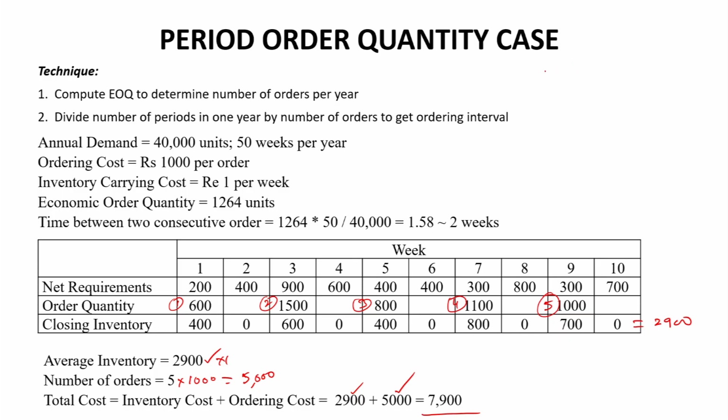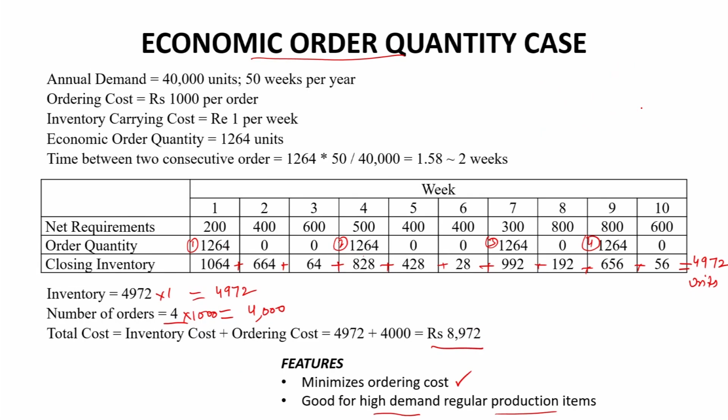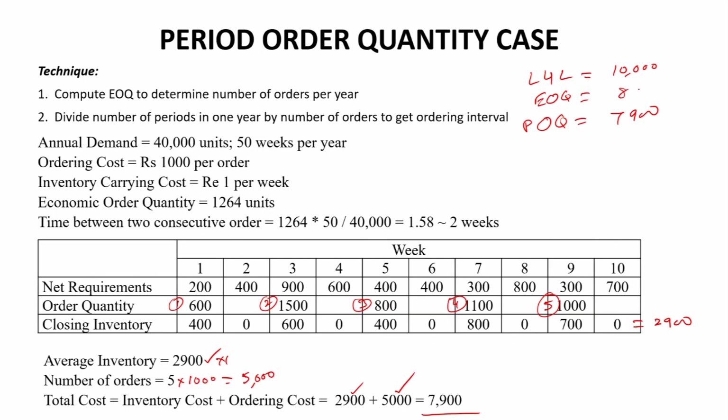3 ordering policies we are considering: lot for lot, economic order quantity and periodic order quantity. In this case the cost was 10,000, in this case cost is 7,900, and in economic order quantity our cost was 8972. So, what we are observing here is the POQ ordering policy gives the best results.